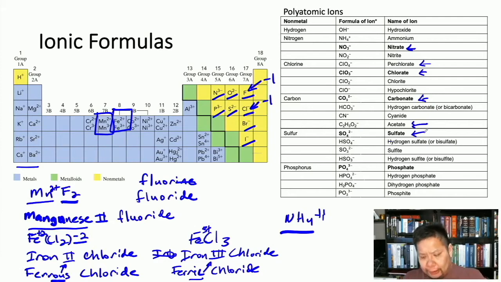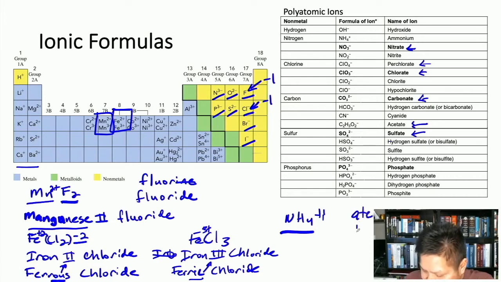So those are the common polyatomic ions, the ones that end in ate. But if you have a related polyatomic ion that has 1 less oxygen, then the ate becomes an ite, right?